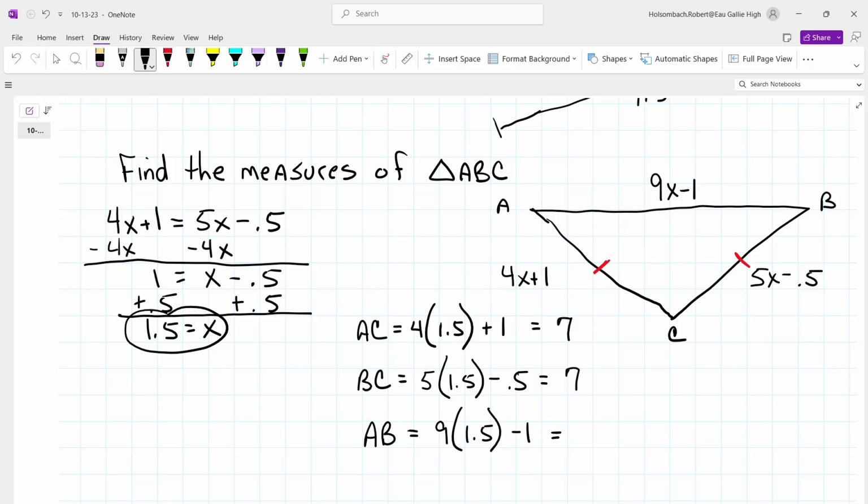So 9 times 1.5 is 13.5, minus 1 is 12.5. Any questions there? All right, so let's do one more example, bottom of page 239.